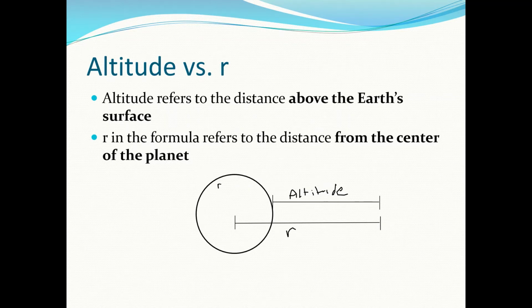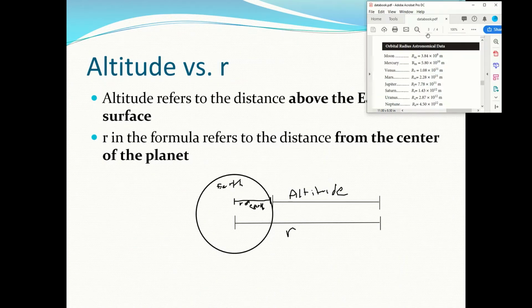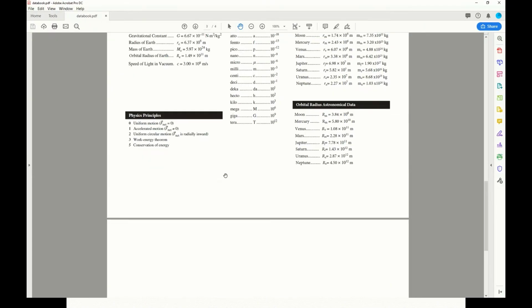So if this is Earth, if we wanted to get between our altitude and our r, we would have to know this distance right here, and this is our radius of Earth. And we actually know our radius of Earth. To find it, we can just look in our data book.